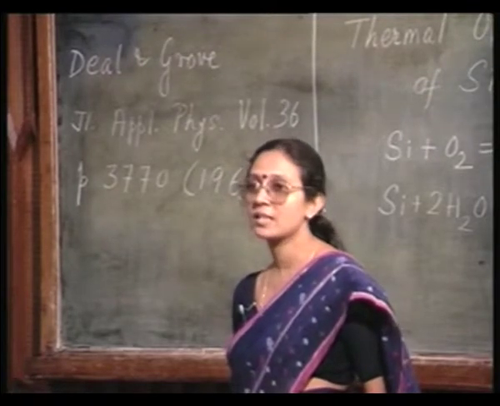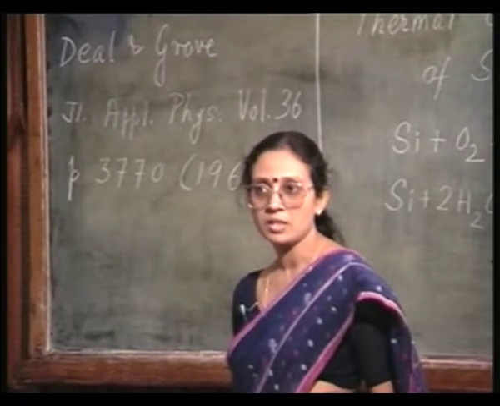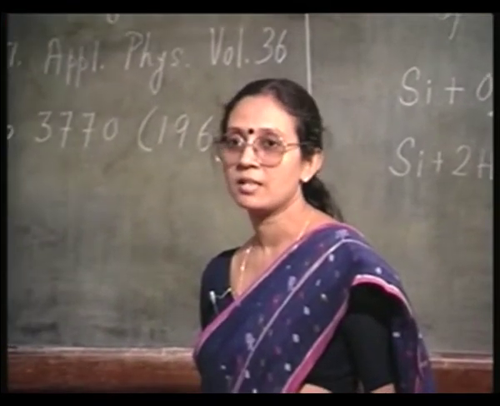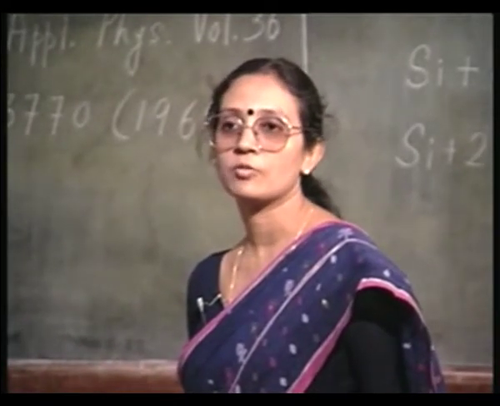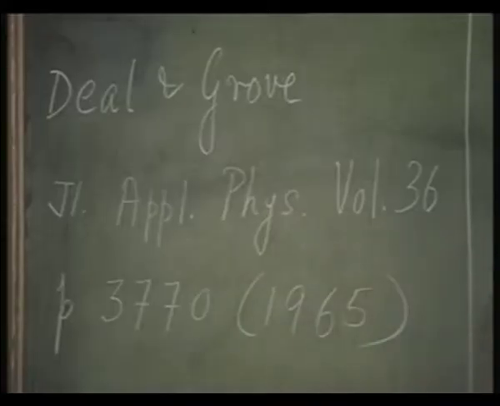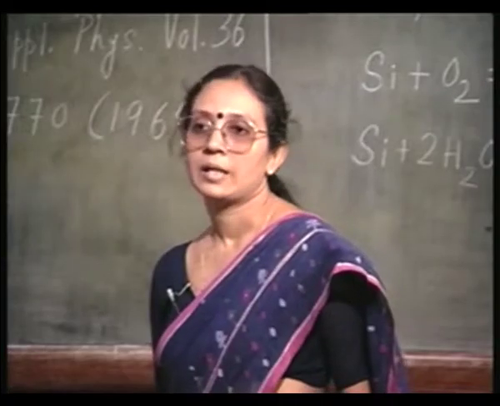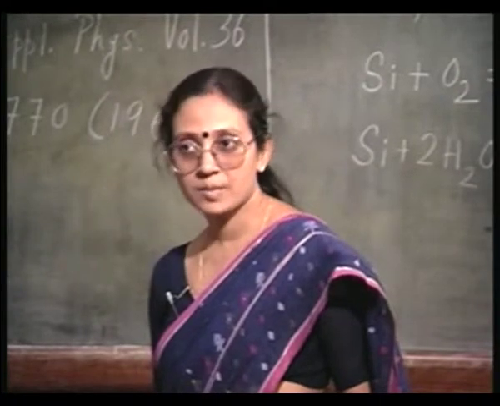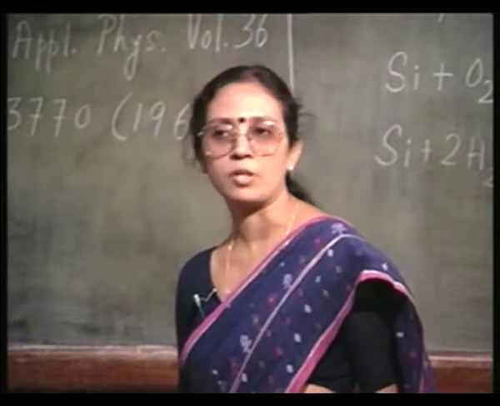And the funniest thing is, this is one of the longest standing models. In 33 years, Deal and Grove's model has withstood the onslaught of all experiments. Whatever experimental data has been generated so far on oxidation, the Deal-Grove model can explain quite adequately in most of the regions.